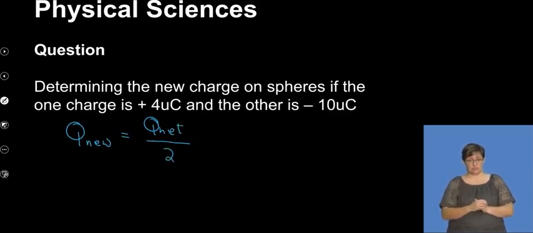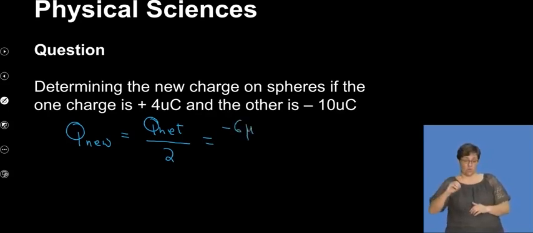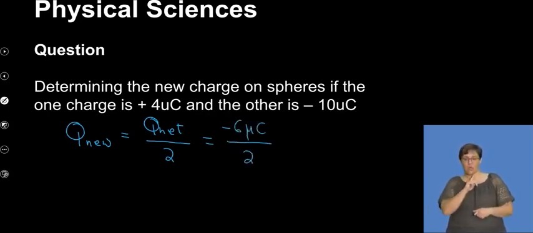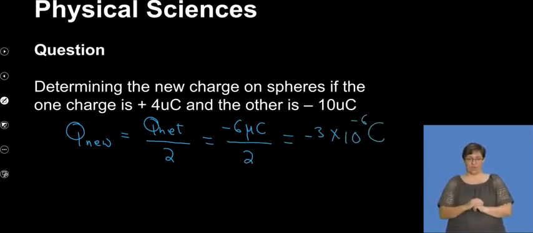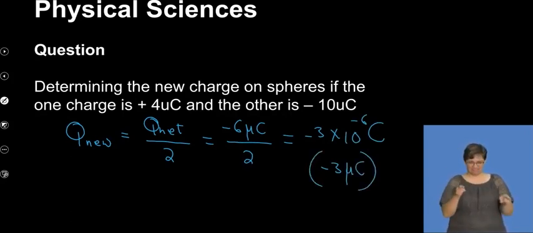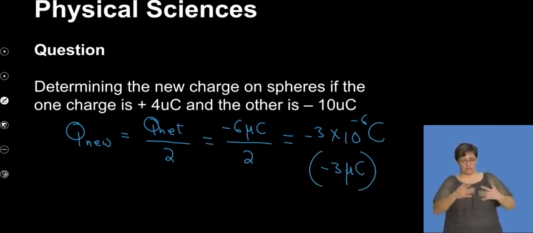This is the new charge, based on the net, which we agree is -6 microcoulombs, divided by 2, because charge is shared equally. This gives us -3 times 10 exponent -6 coulombs, in other words, -3 microcoulombs. This is the new charge each one of them will have after separation.